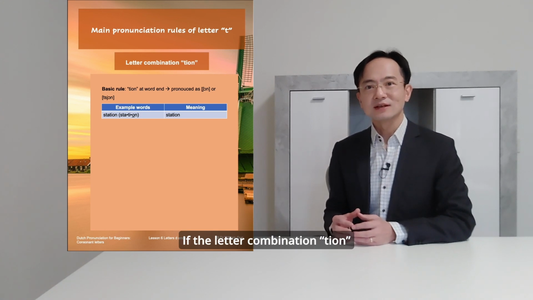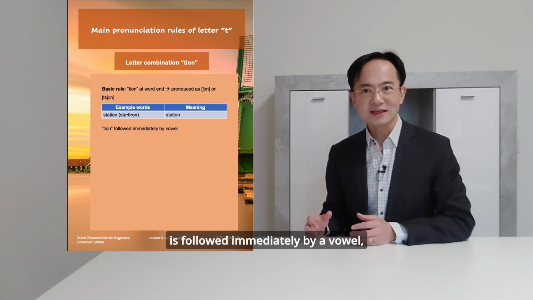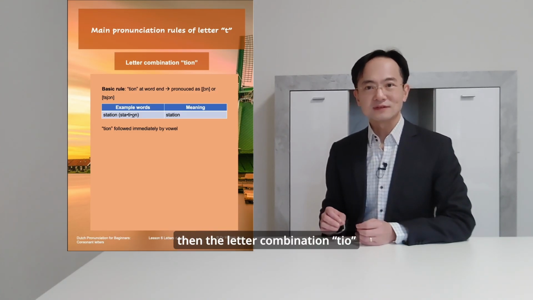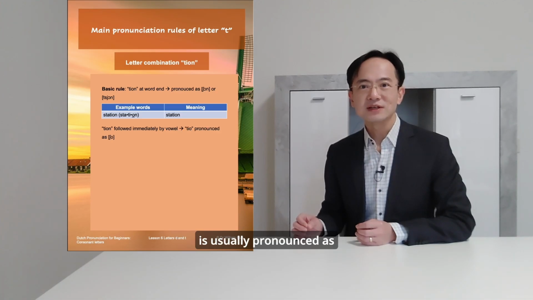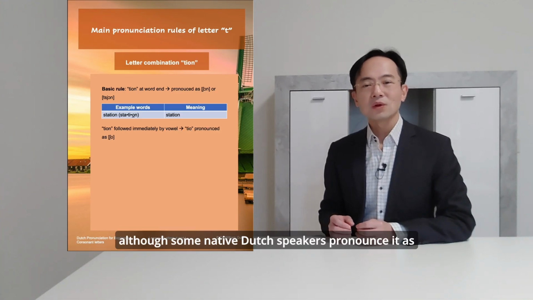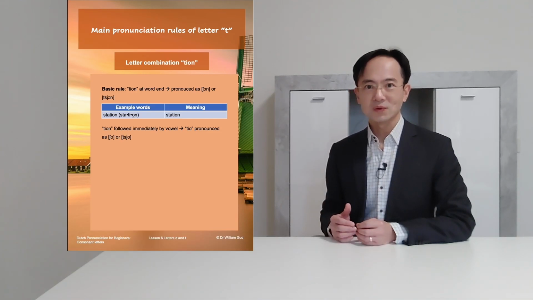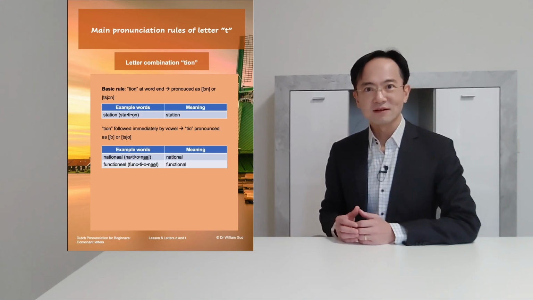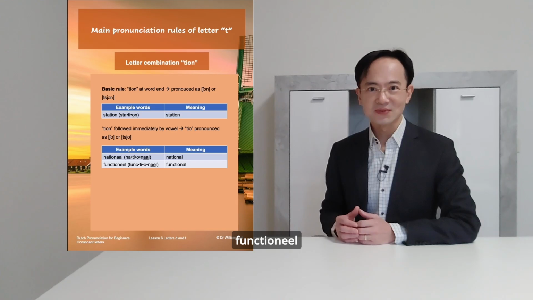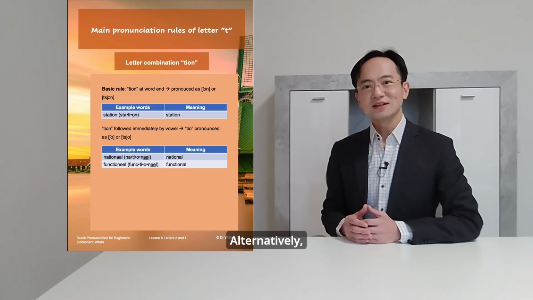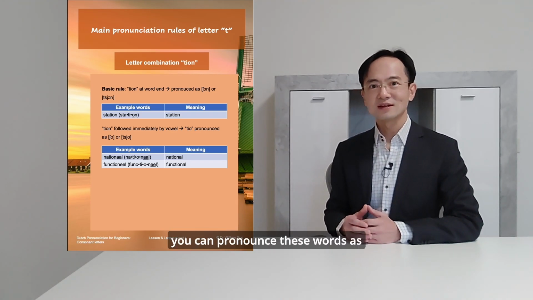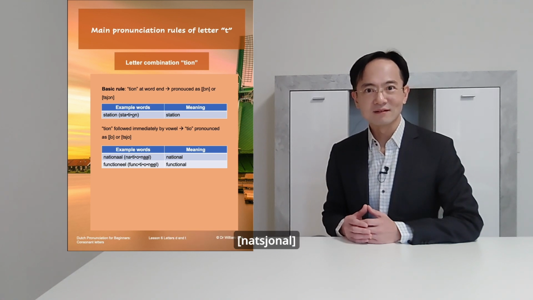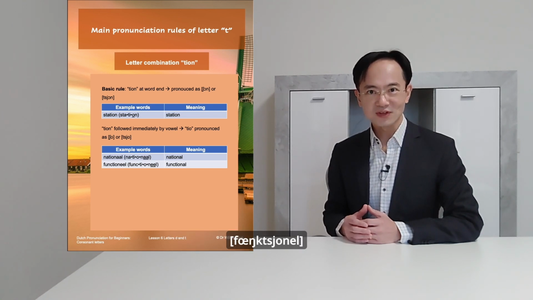If the letter combination tion is followed immediately by a vowel, then the letter combination is usually pronounced as show, although some native Dutch speakers pronounce it as chill. For example, nationaal, functioneel. Alternatively, you can pronounce these words as nationaal or functioneel.